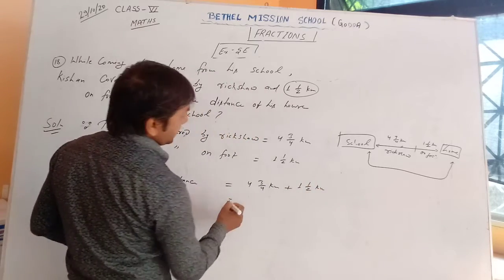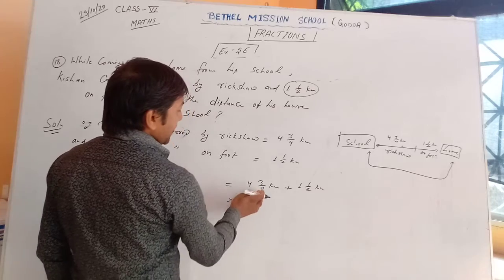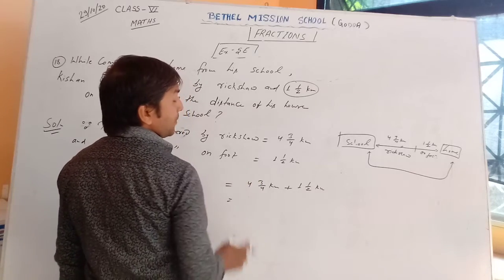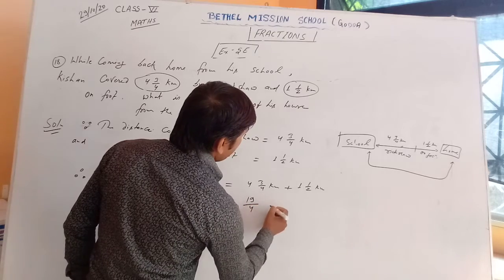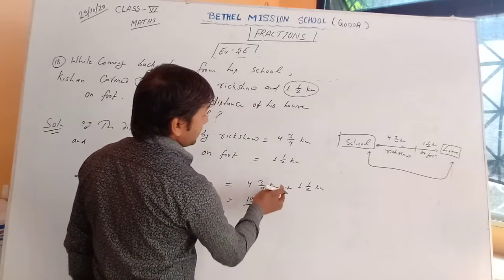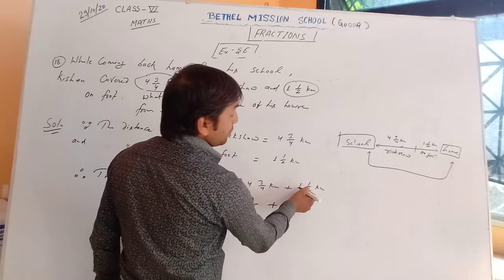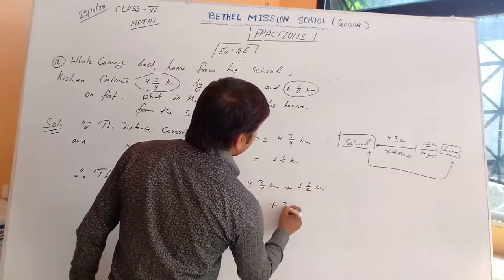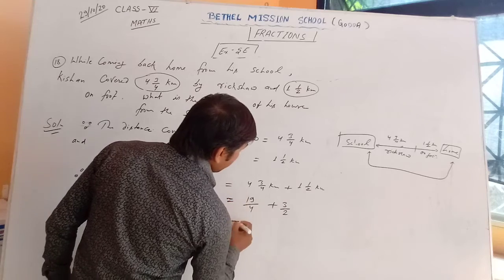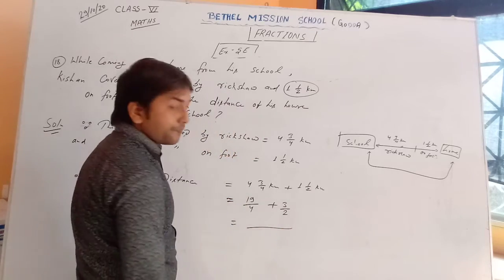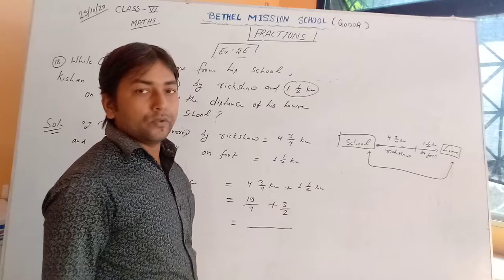First, change into improper fractions. 4 4s are 16 plus 3, 19/4, plus 2 into 1 is 2, plus 1 is 3/2. Now take the LCM of 4 and 2.